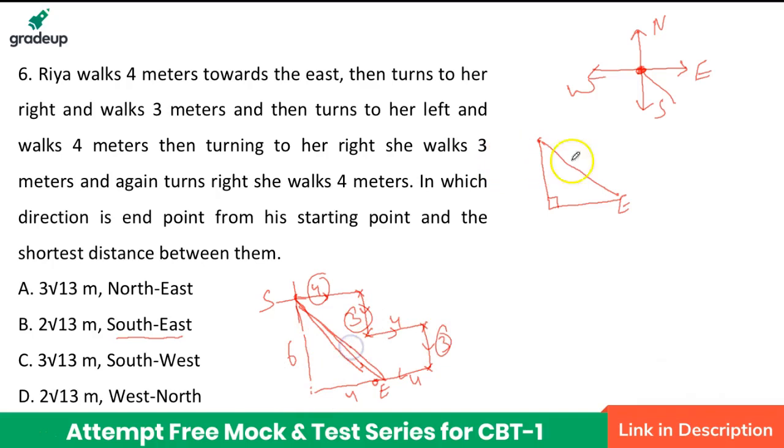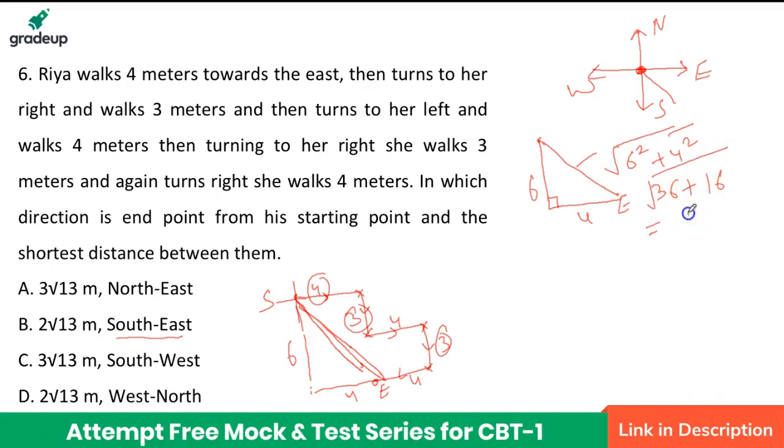So this slant height you can calculate. You are having base and perpendicular as 4 and 6, right? So this will be under root of 6 square plus 4 square. 6 square is 36, 4 square is 16, so you can add it exactly.